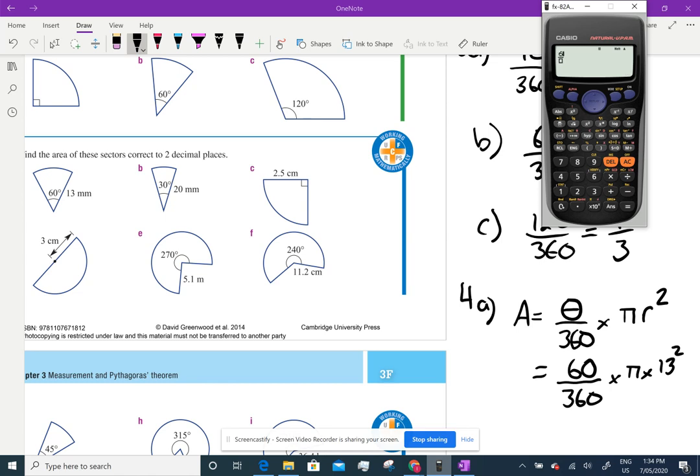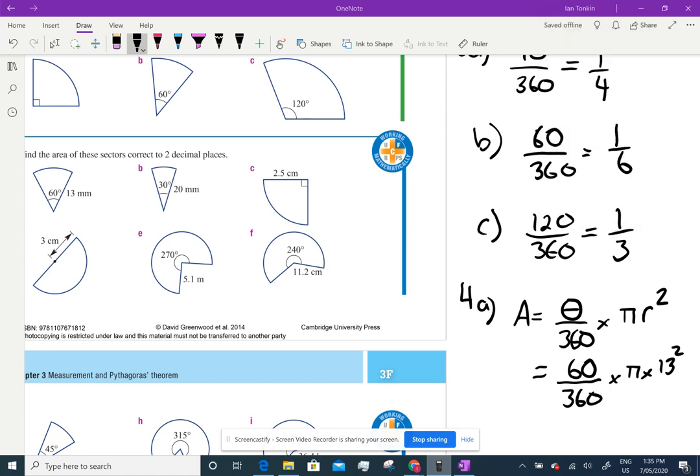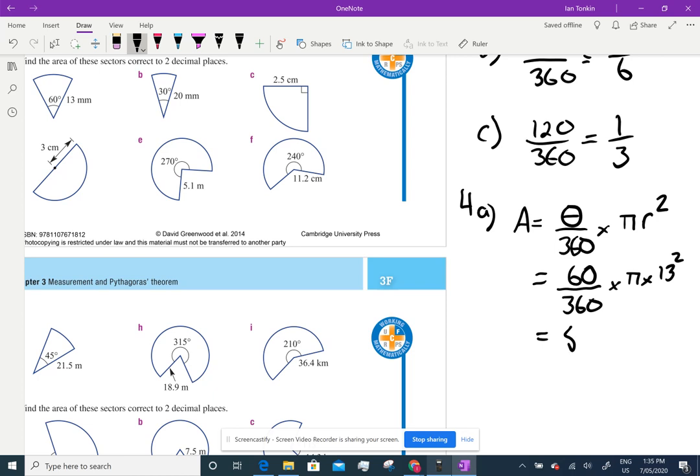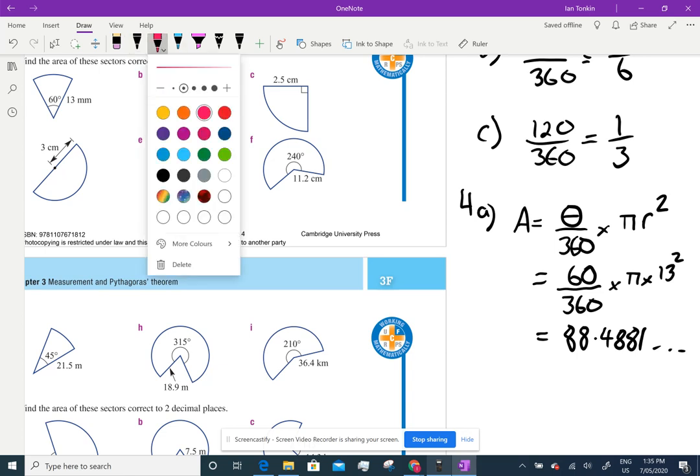So 60 over 360 times pi times 13 squared. Now, what do I get? 88 point, what are we going to? Two decimal places. 88.4881 dot dot dot. Two decimal places.